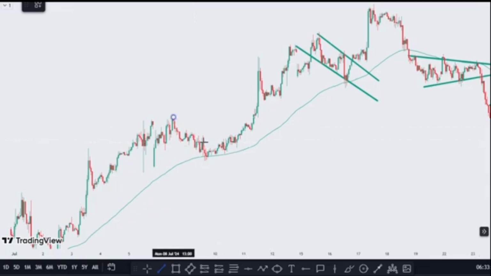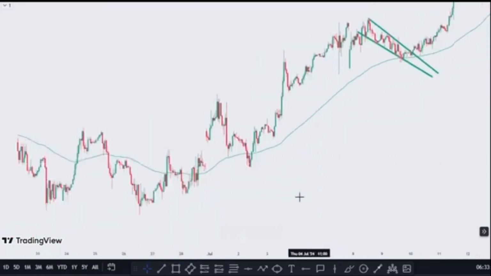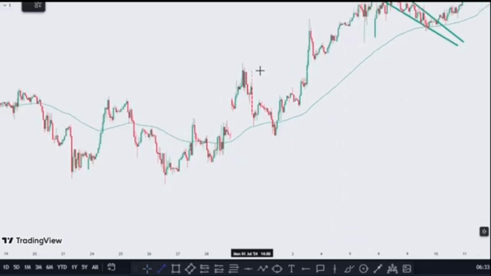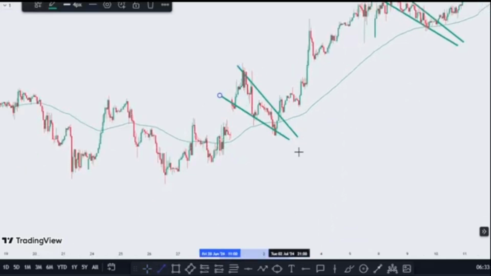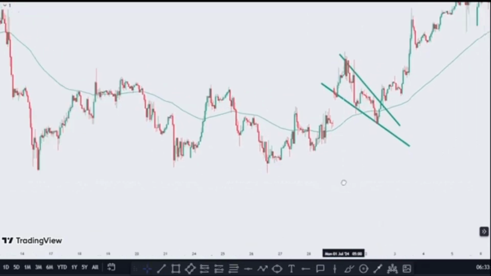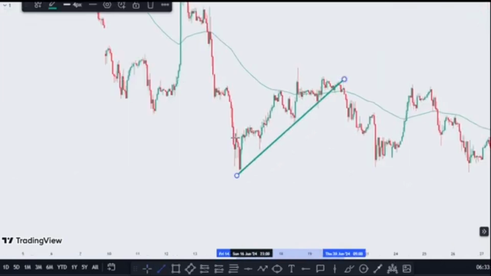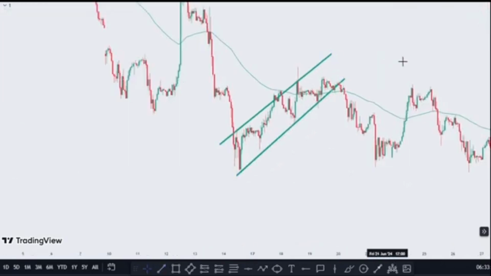Then we have another one like this. Another one. Are you getting it now? So this is another one trading below it. You just have to backtest this thing.